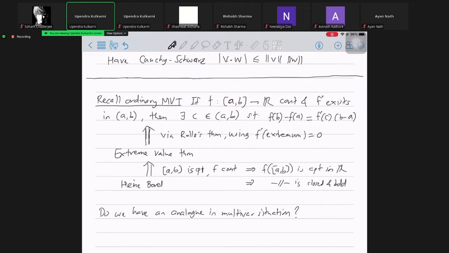Okay, so let me make the situation simpler. Instead of having multivariable situation on both sides, in the source as well as the target, let us first try to see the simplest situation where I still keep the closed interval AB. But now my function is not real valued, but it's a vector valued function.